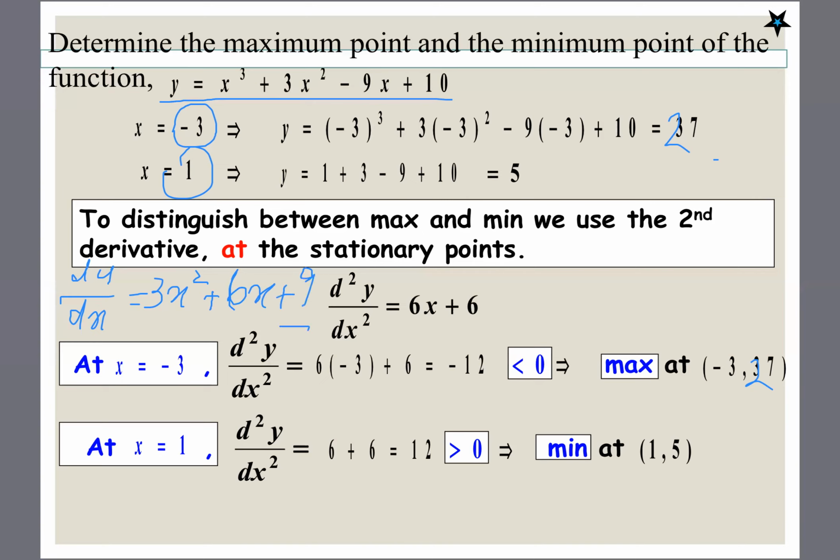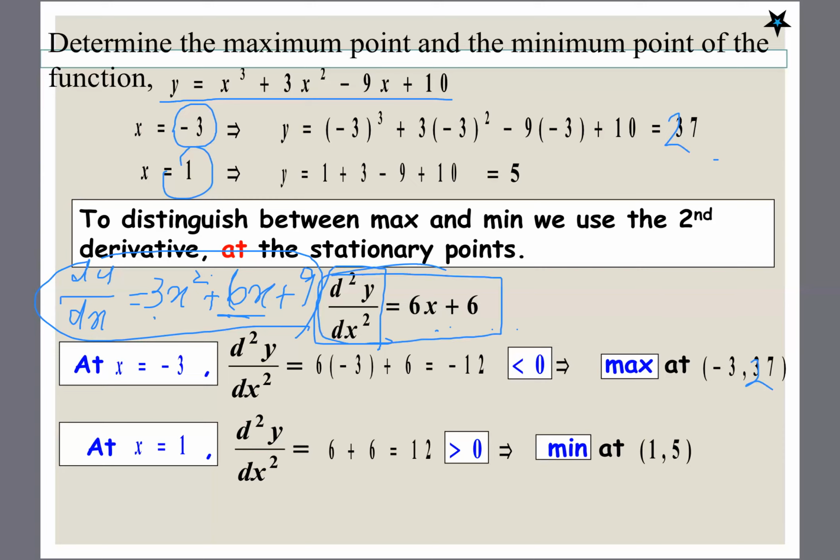The first derivative is this one. And then the second derivative, d2y by dx2, is 3 into 2, 6, and x: 6x plus 6, right? So this is the second derivative of the given function.